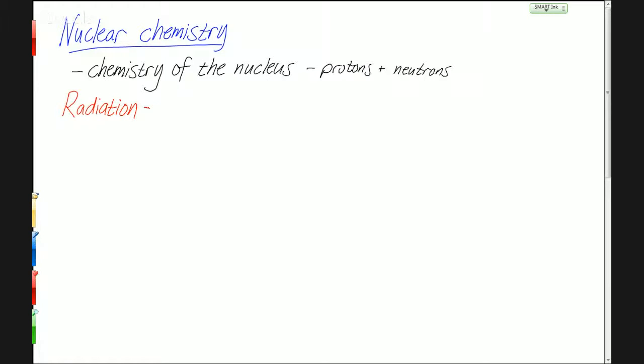It's simply an emission of energy and/or particles. So anything that comes off of something else and shoots away is radiation.